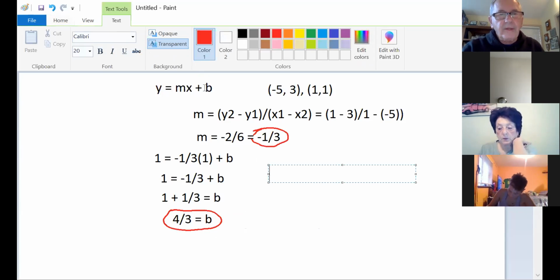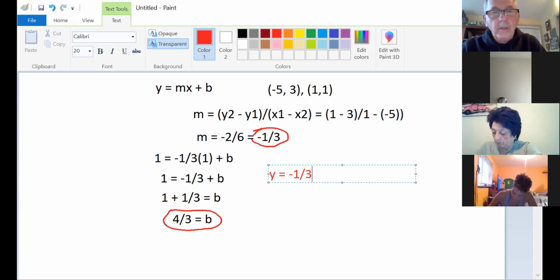You can do everything with this equation and this equation and solve for all of these. So now the final deal is y is equal to negative 1/3 times x plus 4/3.